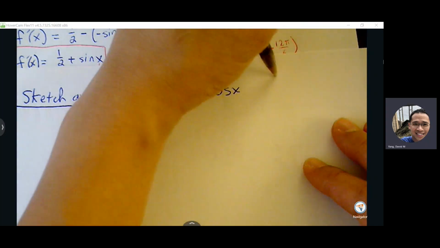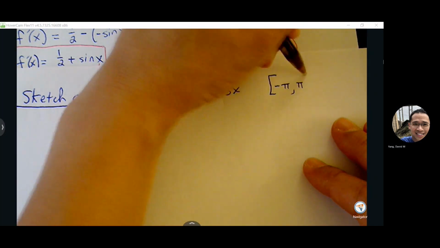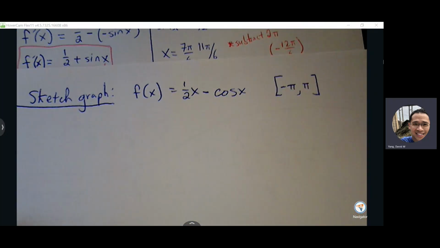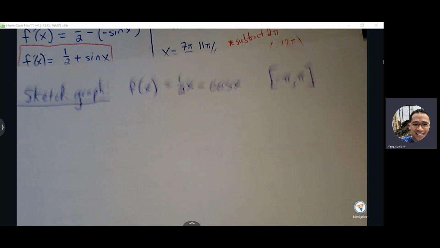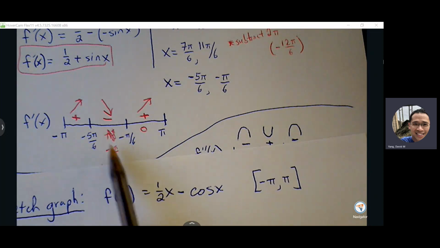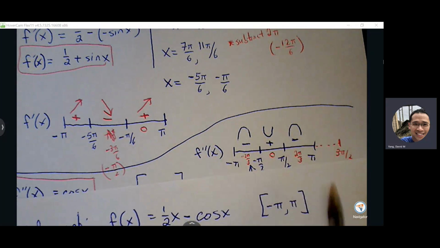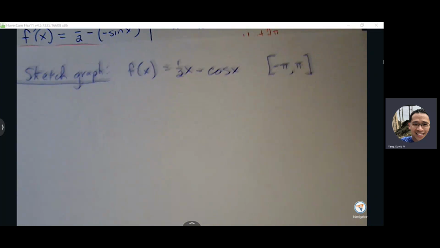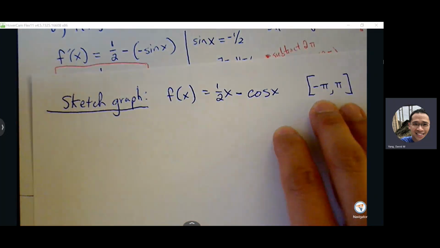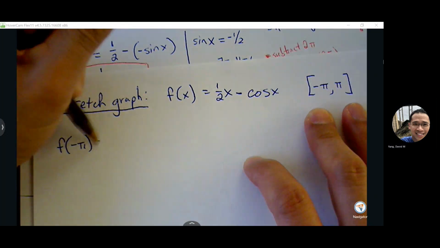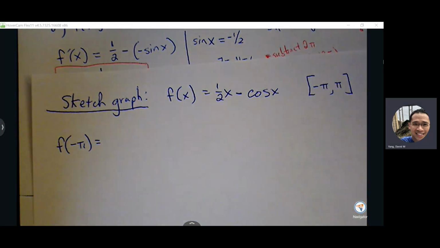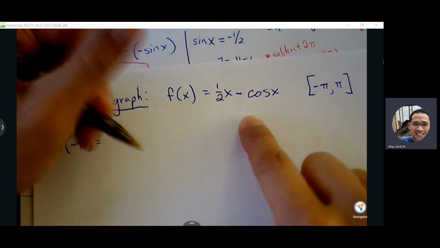Okay, our interval is from negative pi to pi. We're going to try to find at least our endpoints so that we can figure out where we're going to begin and end, and then we can follow the path of our graph and work in the curves. So let's find our endpoints, f of negative pi. Anytime I'm looking for physical locations, I'm going to insert these x values into the original function.